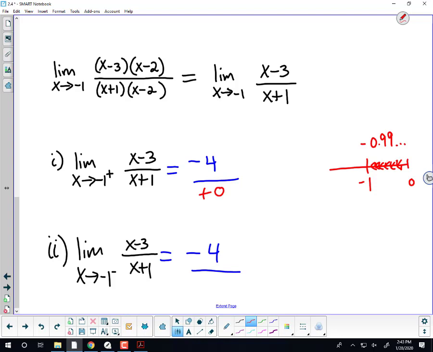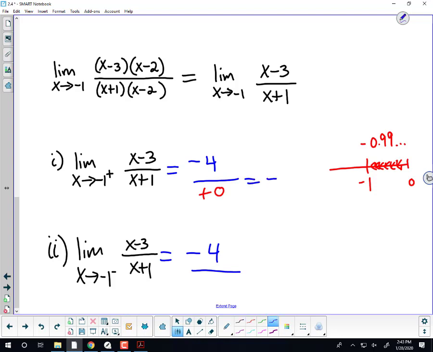Negative infinity, right? Yeah, because the negative up here, it doesn't matter what we approach 0 through on the bottom. That doesn't solely determine our infinity. It's the entire quotient. You've got a negative number over a small positive number. I get a large negative number.